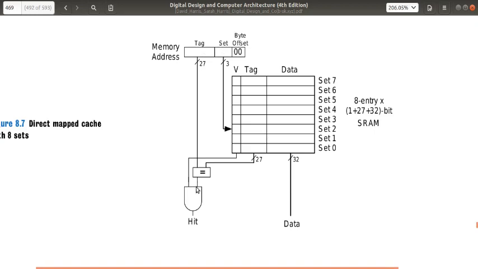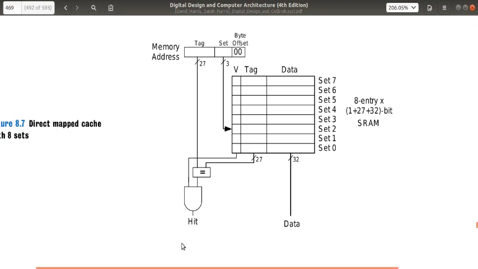But is it enough? No. Then we need to know whether the data at that particular location is valid or not, right? For that we again AND it with the valid bit of that particular set. Then if all these are true, that is, if the tag of the set that we point to and the tag of the memory location are the same, there is an equality, and the valid bit of that tag is 1, then we get a hit.